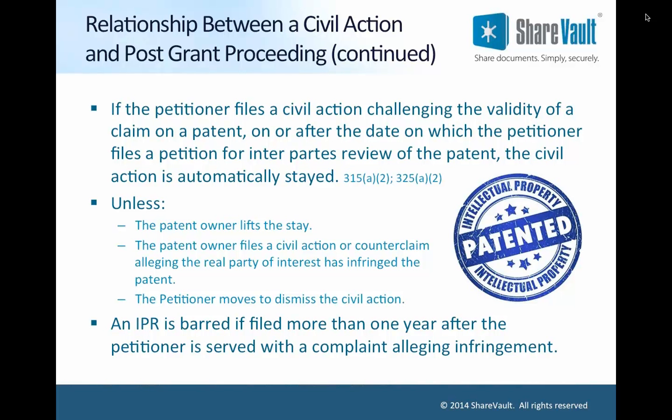And one last point is that the IPR proceeding is barred if it were to be filed more than 1 year after the petitioner is served with the complaint. So if there's a litigation going on, you have to do it within 1 year of a complaint alleging infringement.